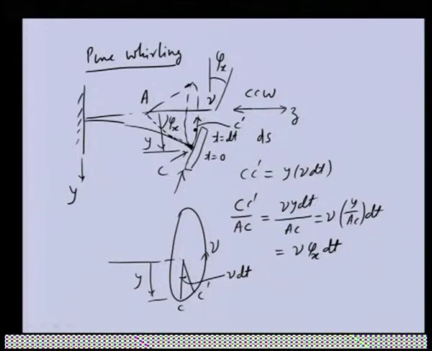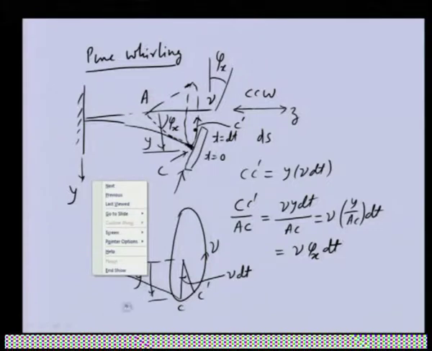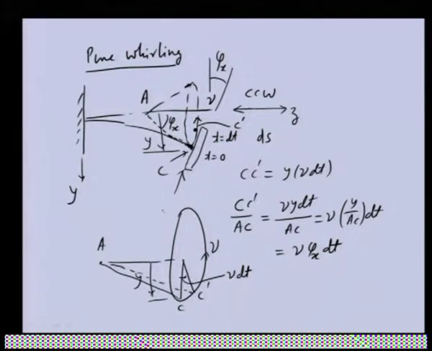If we see this particular point A here, there is a line AC, this one, and there is another line AC prime. So, you see in this particular delta time t, the change of the angle of AC and AC prime, this particular angle, is basically C prime by AC.